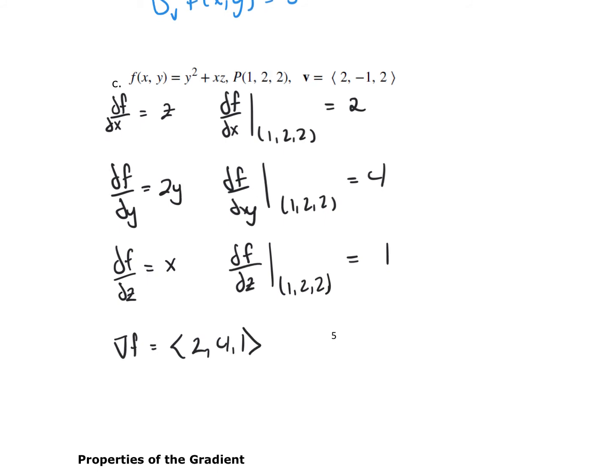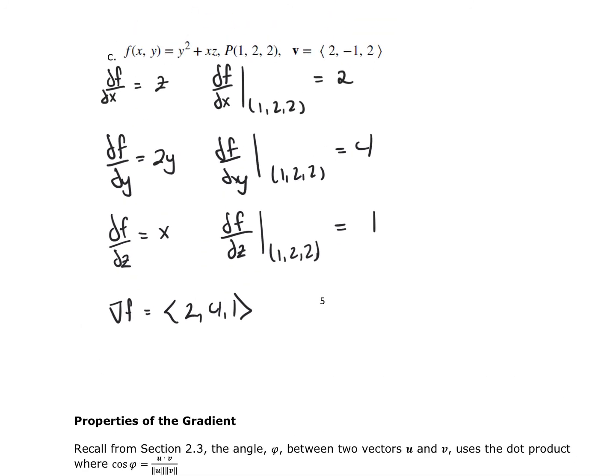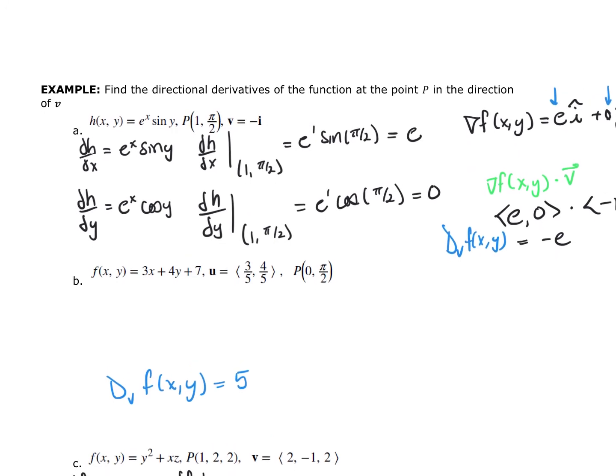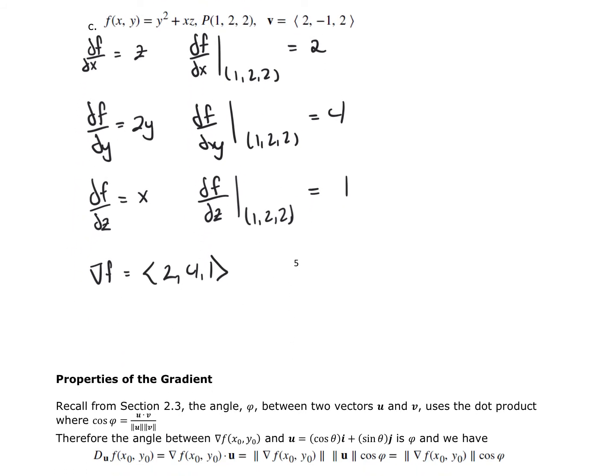I'm going to find my directional derivative. Now, up until now, maybe even on this one, b, for my directional derivative I didn't have to worry about finding the unit vector.